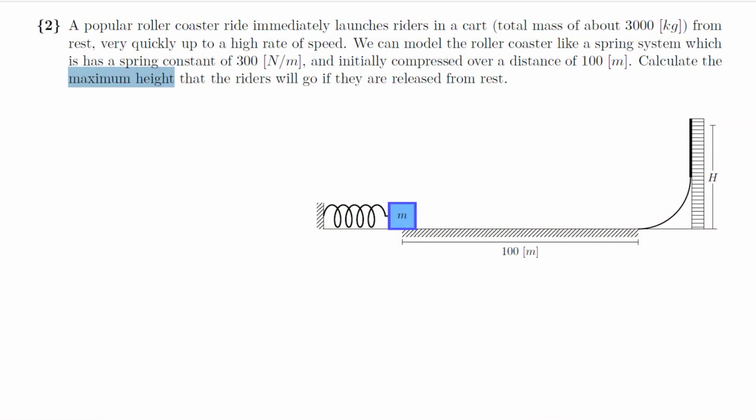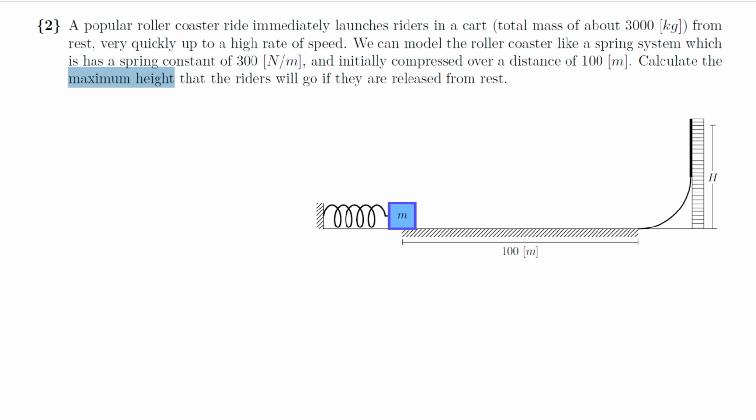So question. So the final spring potential energy is 0 because the spring is no longer stretched nor compressed. That is correct. I guess if you want to be really specific in the problem, you're going to assume the mass detaches from the spring after 100 meters.